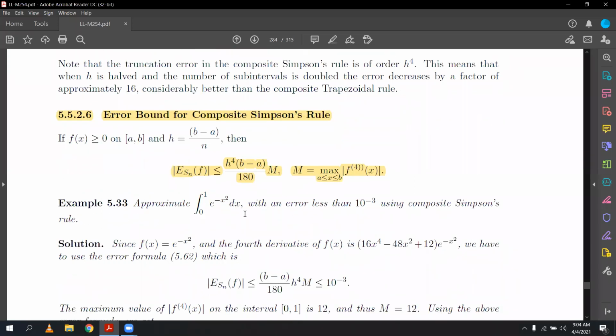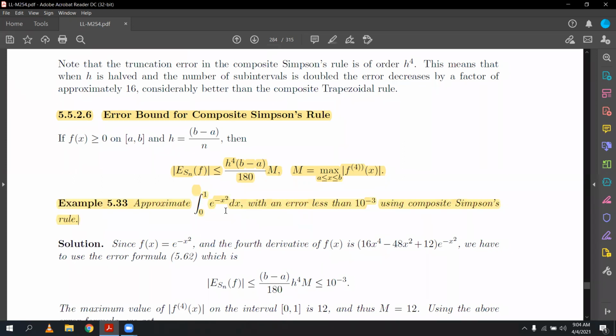Let's take a very simple example. It says, approximate this integral with an error less than 10 to the power minus 3 using the composite rule. This is a very good example here. When we approximate this integral with the help of the composite rule, what do we need?